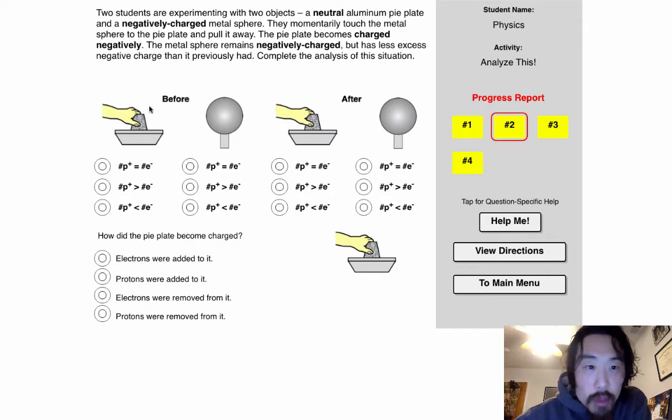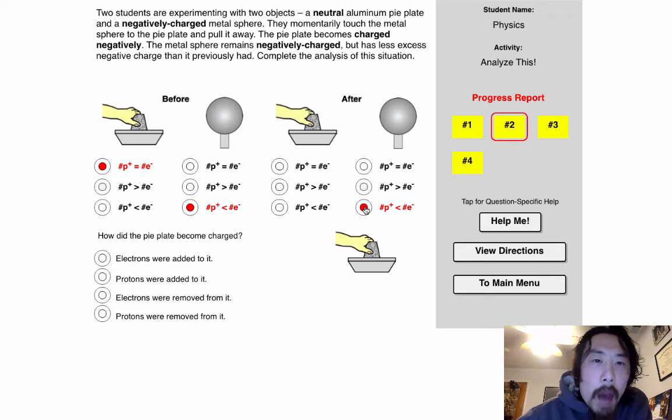The aluminum pie plate is neutral, so the electrons and protons are the same. The metal sphere is negatively charged, so the E's are greater than the P's, because the P's are positives and the E's are negative. They touch. When they touch, the metal sphere remains negatively charged.